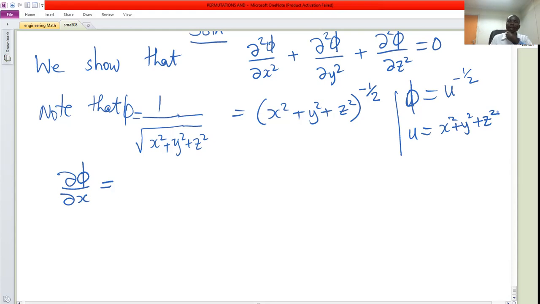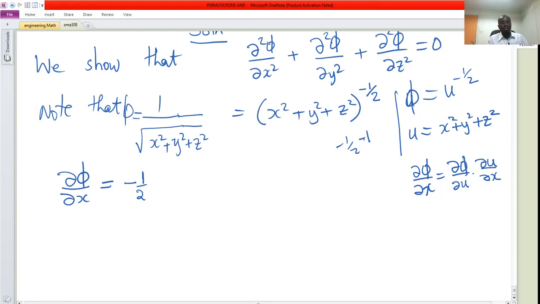So partial phi partial x will be partial phi partial u times partial u partial x. So when you differentiate this one, we get negative a half u raised power, now subtracting 1 from the power, minus a half minus 1, that should give us minus 3/2.